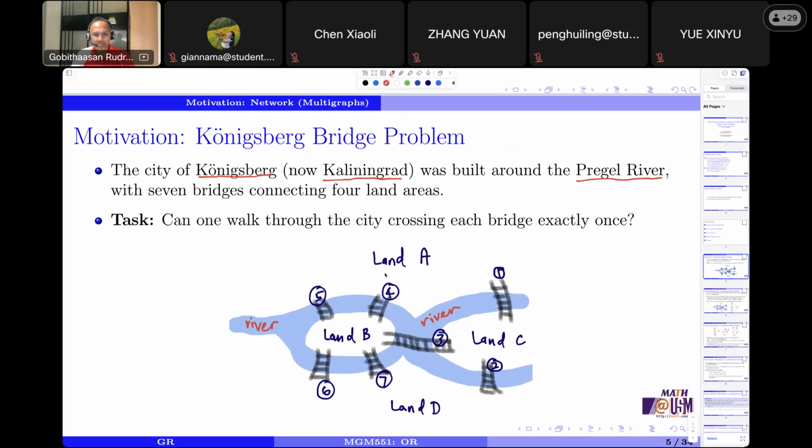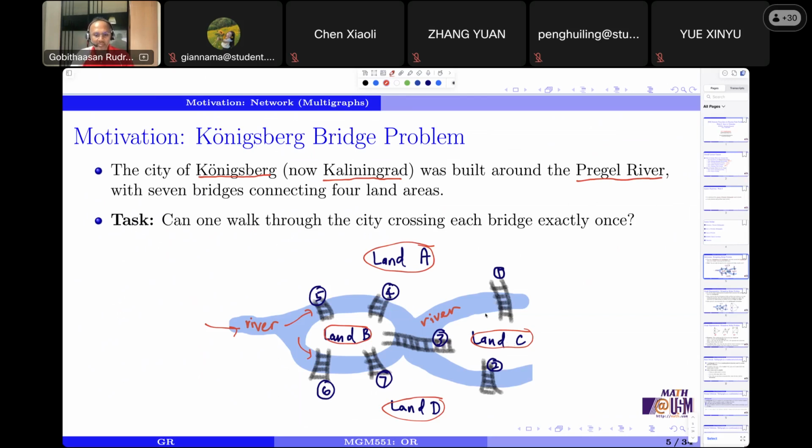This is how the city looks, the aerial view. It has land A, land B, land C, and land D, and this is how the river is flowing. Land B is somewhat like an island in between, and land C is somewhat like an island as well.